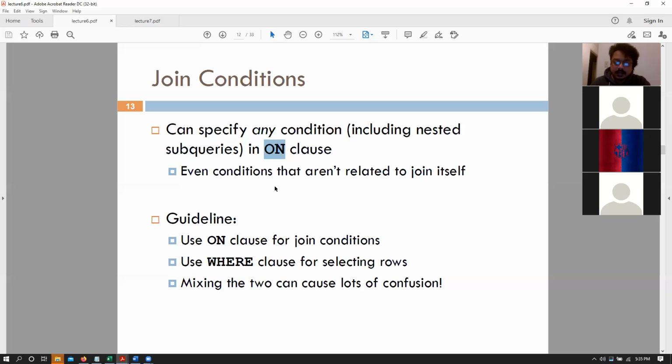So in a sense it also looks similar to the where clause. We talked about how those two operations are the same, but as a good programming practice, you should always use the on clause for join conditions and the where clause for selecting rows by default.